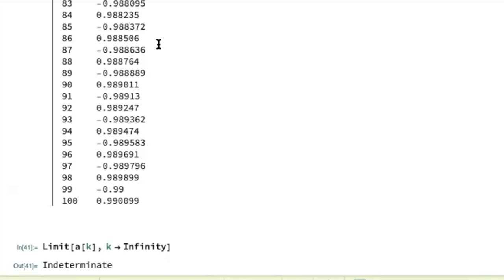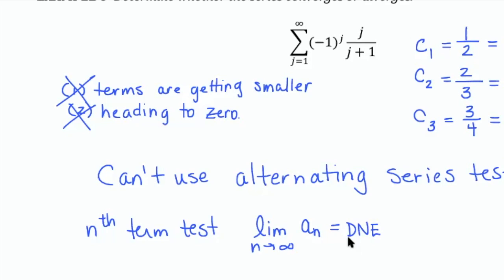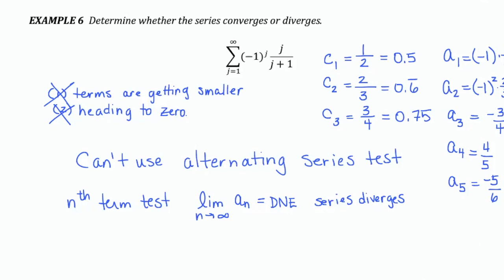So because of that, there is no limit. And if the limit doesn't exist, the nth term test says the series diverges, because the only time the series can converge is if the limit of the a sub n's is equal to 0.